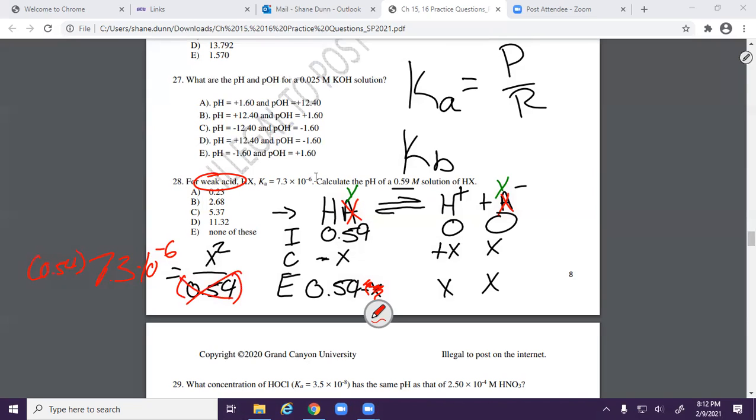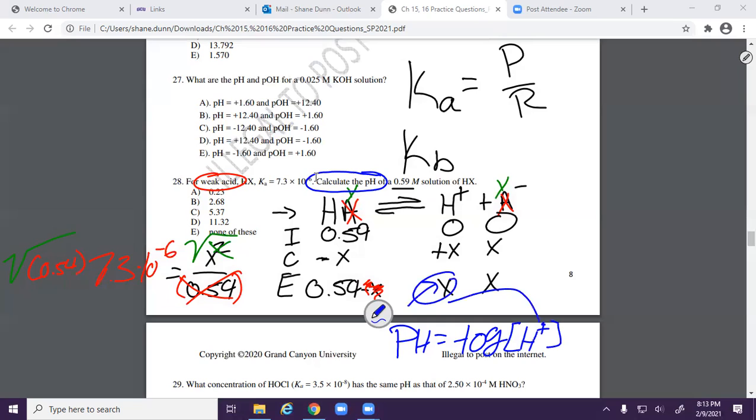Then what? Square root, cancel that out. So you take the square root after multiplying those together, and you should get your X value, which is your concentration of hydrogen. You are not done yet, because what is it asking for? The pH. The pH is equal to the negative log of that value. So whatever you get for X, you plug it in there, take the negative log of that value, and you should get the right answer.